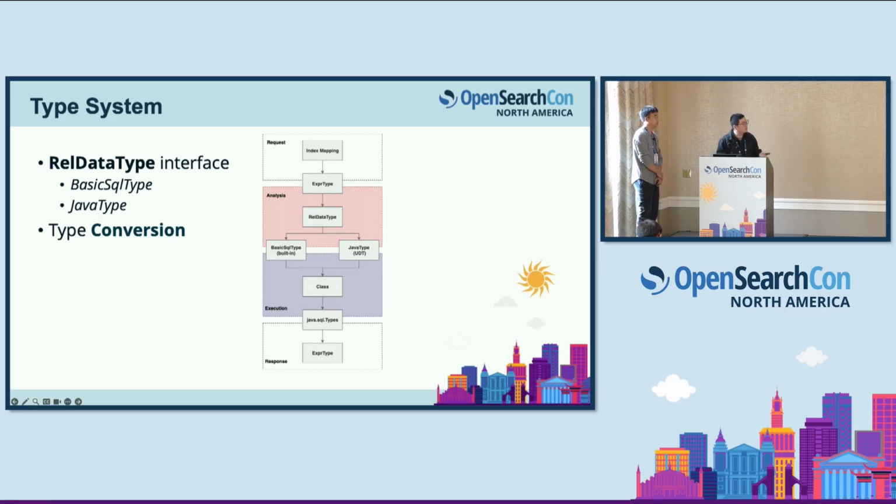And whether SQL type or Java type, we use Calcite's internal execution in memory, so it will all be translated to Java types. We use the JDBC interface of Calcite to return the output. So JDBC will return Java SQL types, and we finally map the Java type to the ExprType and fill the ExprType into the response. So that's the flow of the type system.